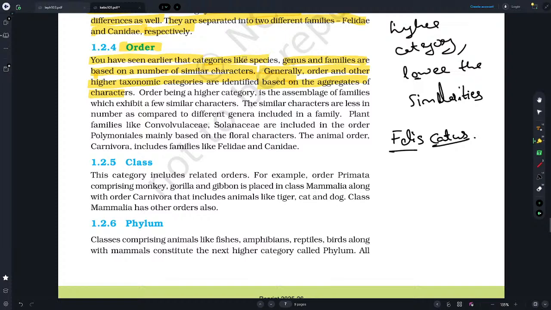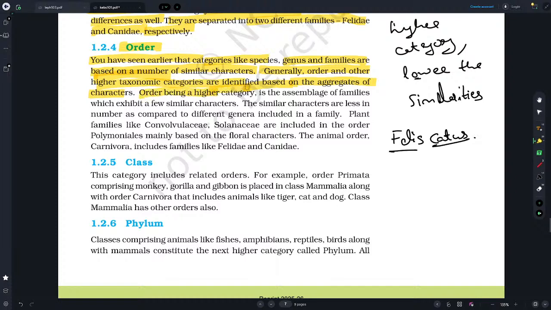As the similarities keep decreasing, higher taxonomic categories are identified based on aggregates of characters or groups of similarities in characters.